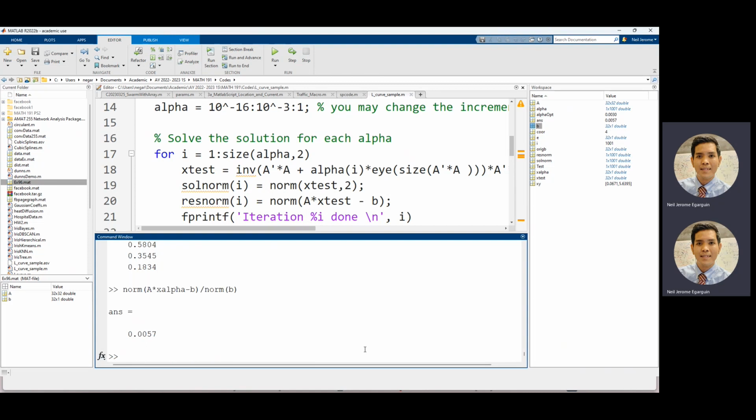So we have 0.57% error. So we are modeling the noisy data well. But how far did we deviate from the actual solution?